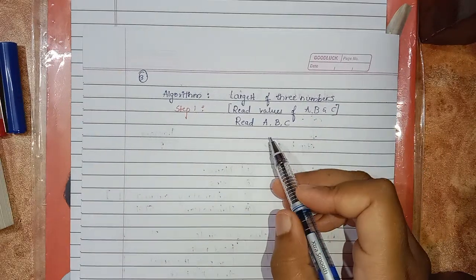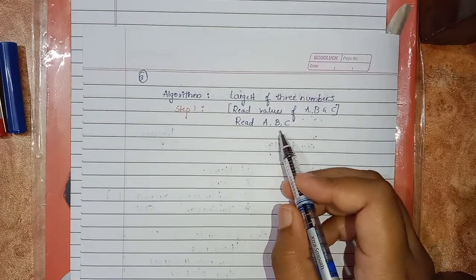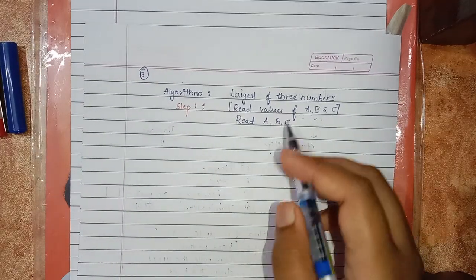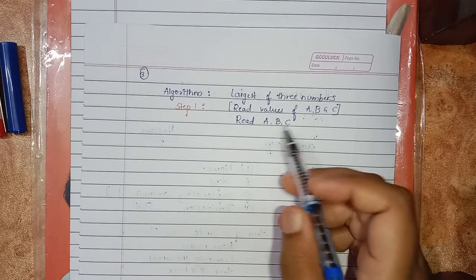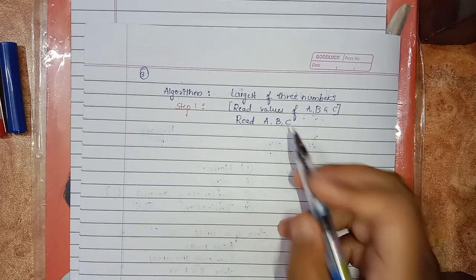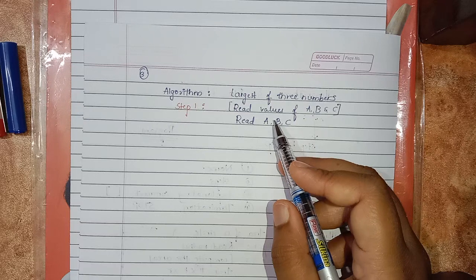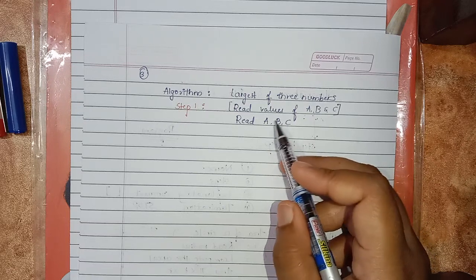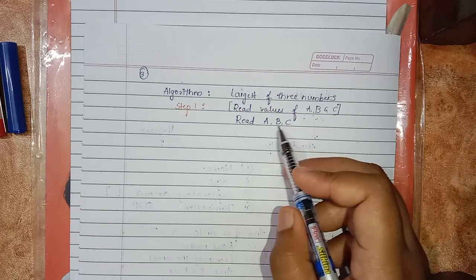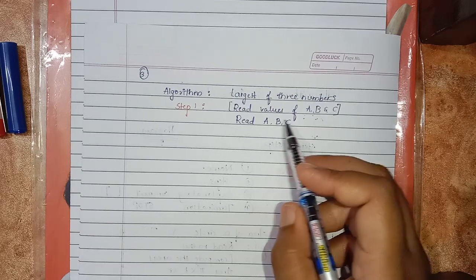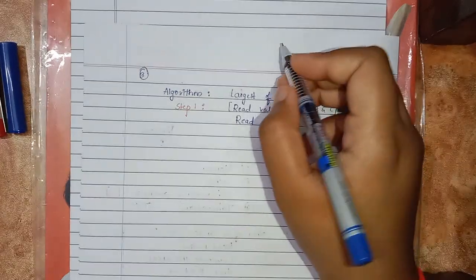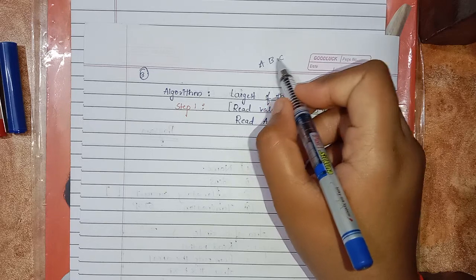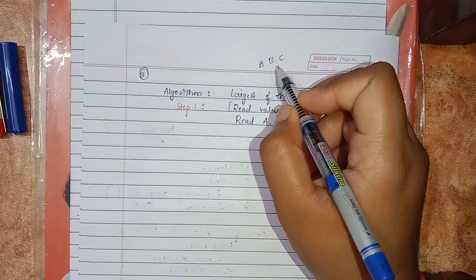Now how can you design a program for this problem? First you have to compare A and B. If A is greater than B, then you have to compare A and C. Among these three, A, B, C, you have to find which is largest.